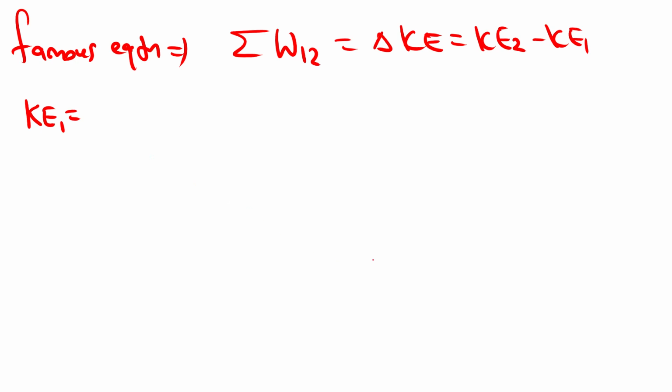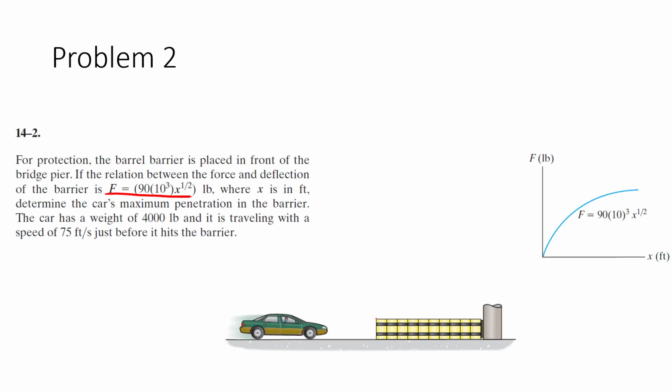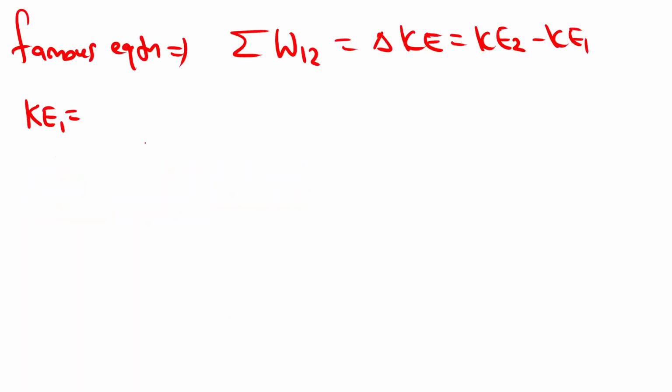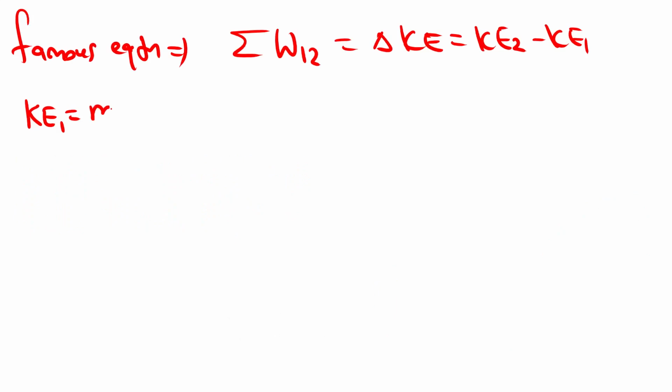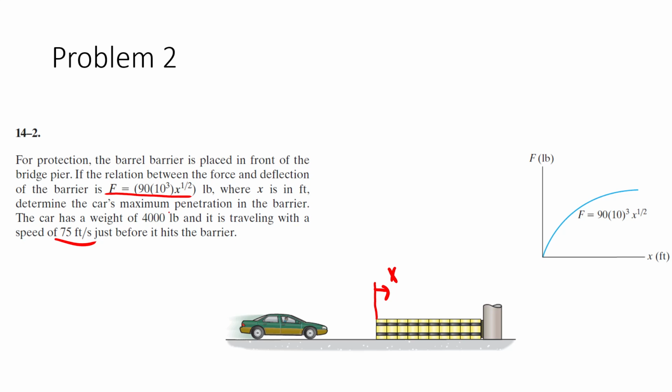State 1 is when the car just hits here, so let me put this as the x direction. When it is about to hit, it will have a velocity of 75 feet per second. So m v1 squared by 2 will be m times 75 squared by 2.